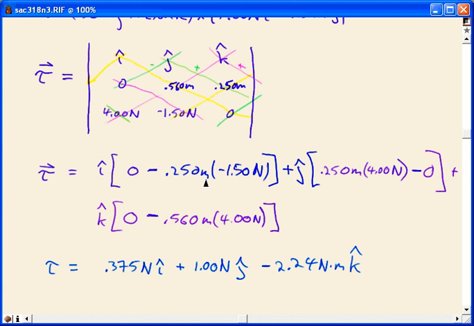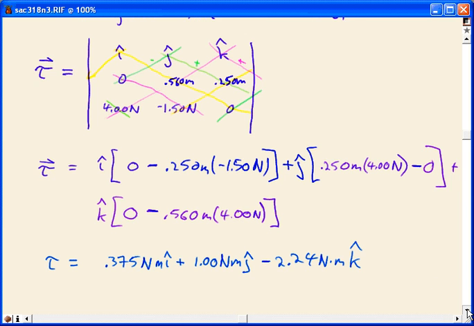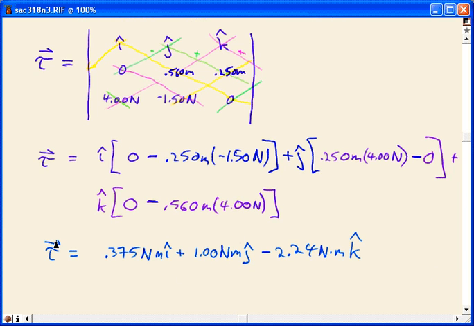These are all newton meters, so meters times newtons, meters times newtons. So let's squeeze them in there. We need meters multiplying all these. I just got the newtons. So newton meters times i, and newton meters times j. And we already had the newton meters up there. So this is our answer for the vector tau.